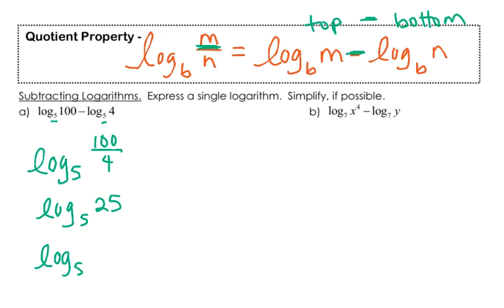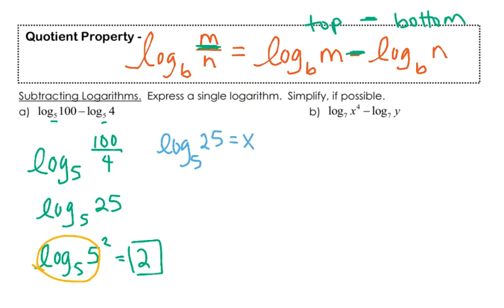See if you can rewrite 25 so it's 5 to some power, 5 squared. So this equals 2, because remember, if the base and this number are the same, they cancel out. Or you could write log base 5 of 25, set it equal to x, change it to exponential form, and balance out your bases. You'll get the same answer, so it really doesn't matter which way you do this. You'll get 2 either way.